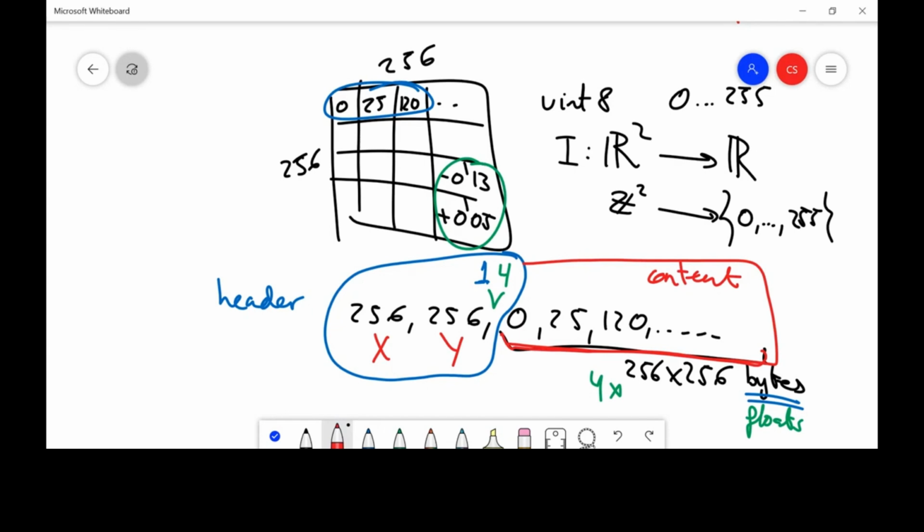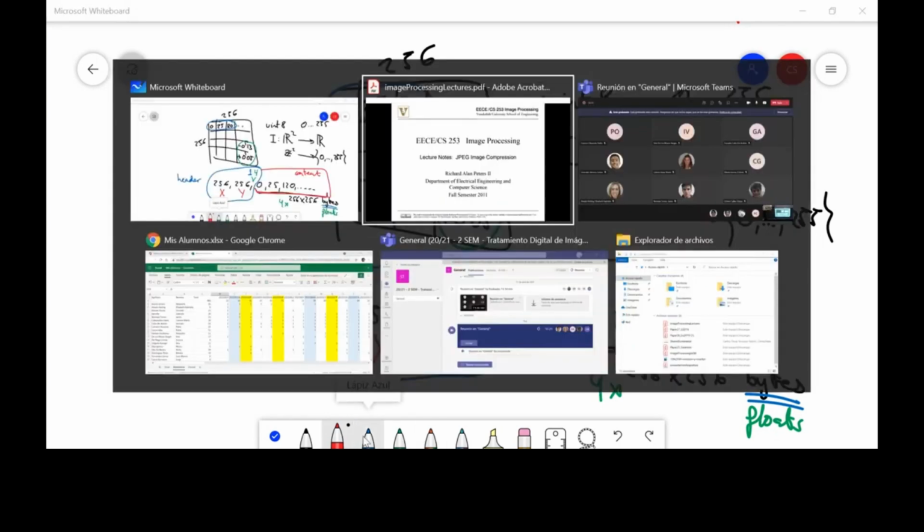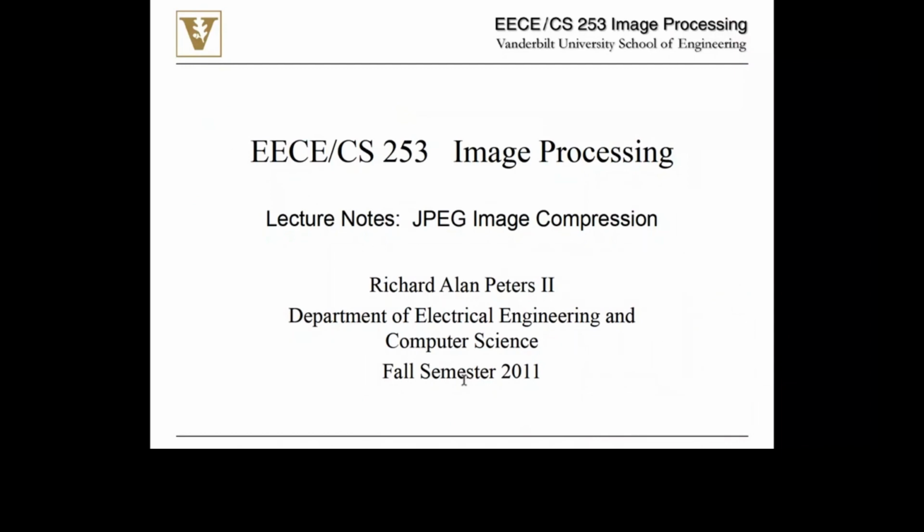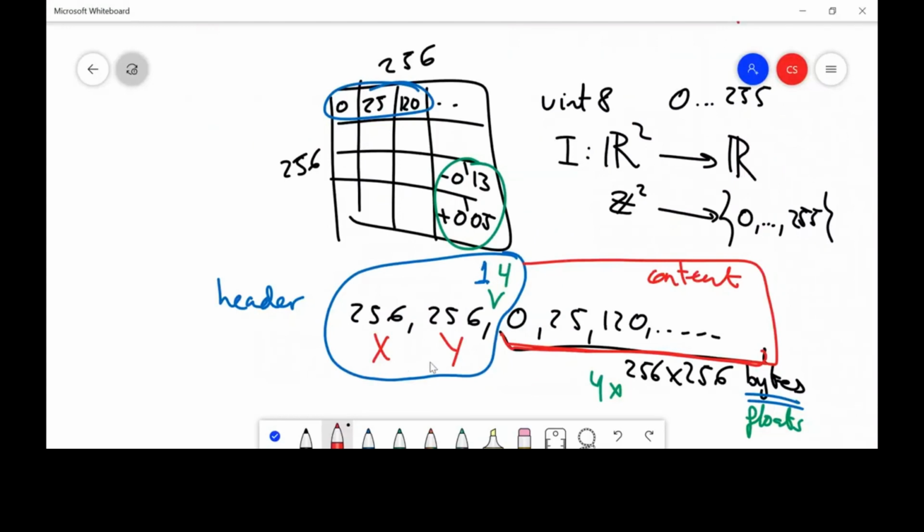You can imagine that we can save a lot of things about the image, and JPEG is one way of defining how to save images, and it will affect both the header, so what is the structure of the header, what we are saving in the header, but also the content, how you save the content. You can use this kind of content that is called raw content. If this is just the matrix, you write the matrix. Or you can be more intelligent and try to save fewer numbers so that you save space.